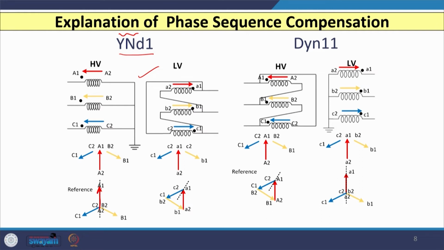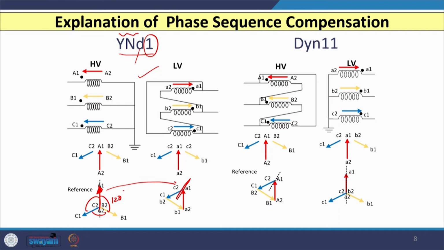So, you have the 3 connections, they are 120 degree apart phasors and this is your reference phasor, and on LV side which is delta connected, if you draw then you have the reference phasor like this, and if you compare these two, as the name suggests, it has 1 o'clock connection. So, that means your LV winding phasor is lagging with reference to HV winding phasor by an angle 30 degree.